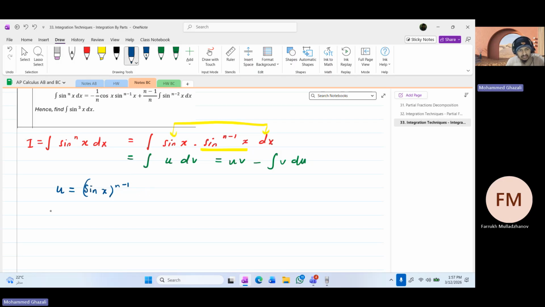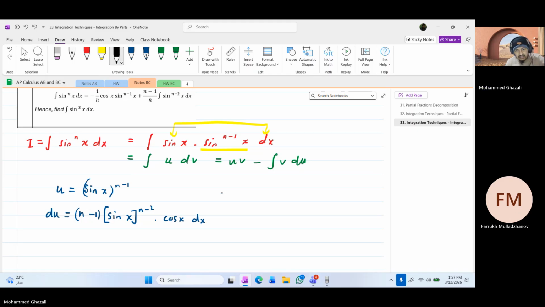So what is du? What is the derivative of this? The derivative of this is n minus 1 sine x to the power n minus 2, and the derivative of the inside is cos x dx.